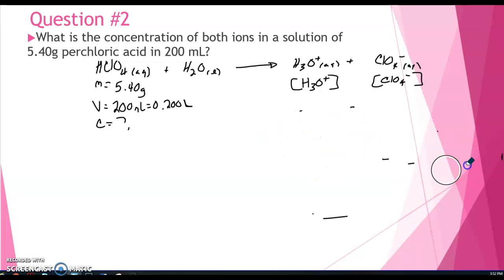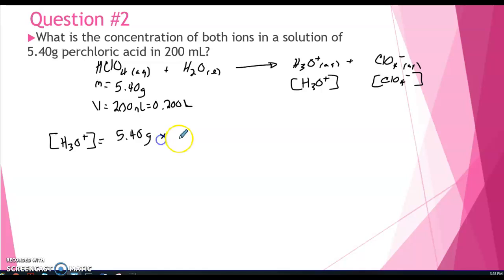That's the important part. So now, a little bit quicker way is we can do unit analysis with what we know just to find the concentration of hydronium. So we have 5.40 grams.